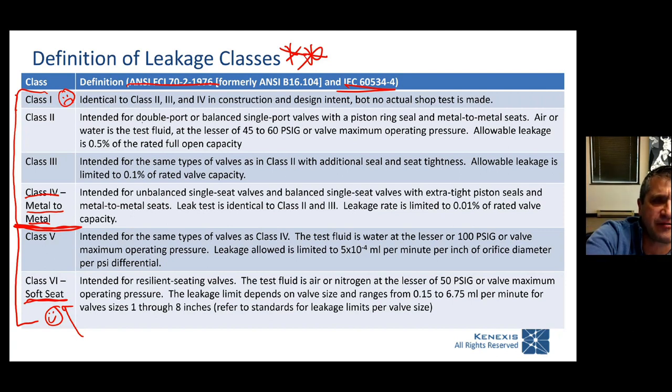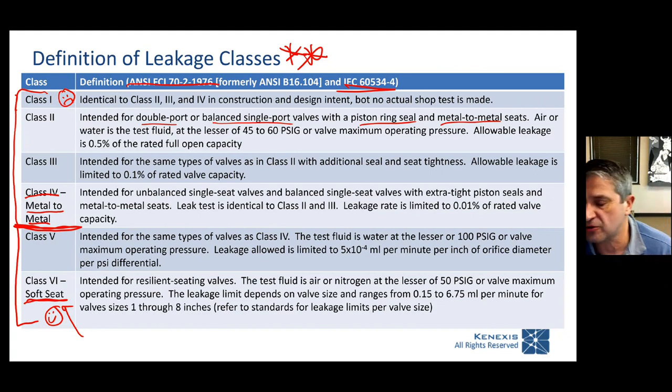So, intended for double port, balanced port, single valves, piston ring seals, metal to metal seals is what you would use. So there's a discussion of the equipment that's used, or the materials of construction and the methods of construction. But there's a lot more on that in the standard that's not in this table.